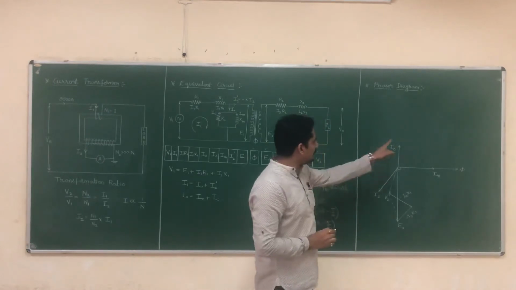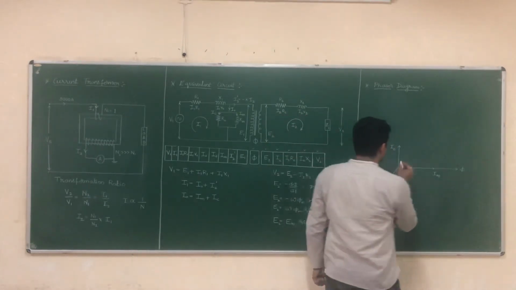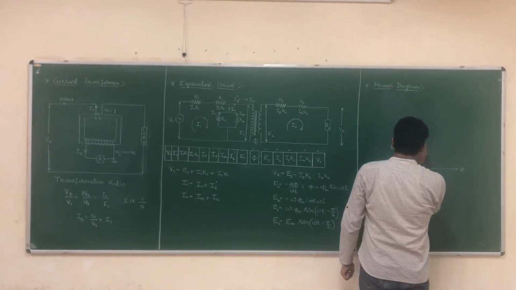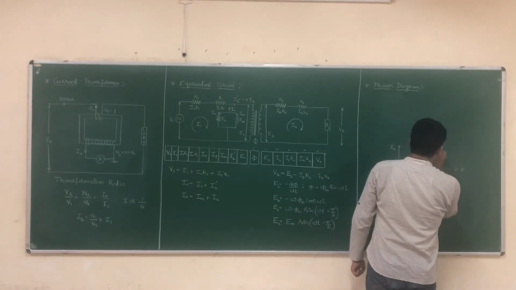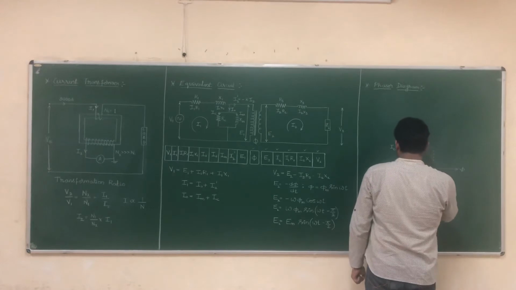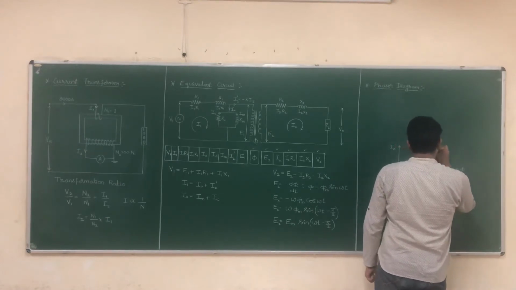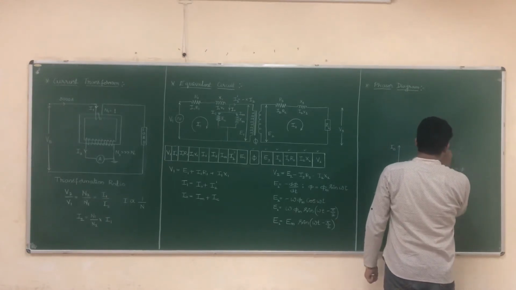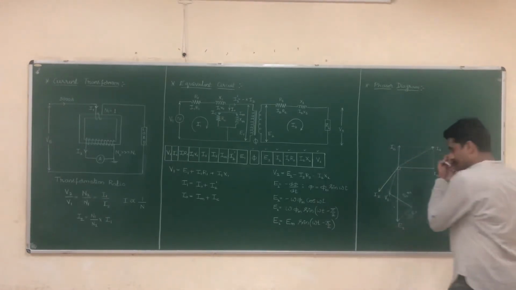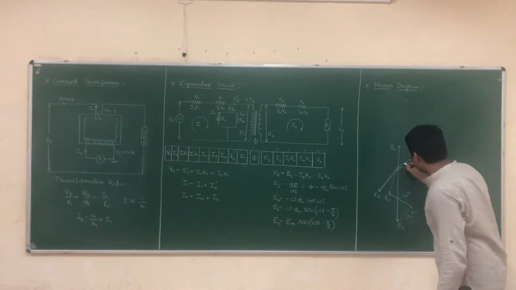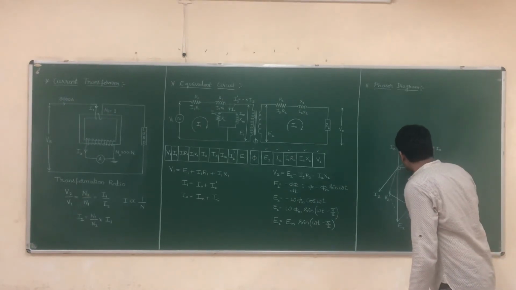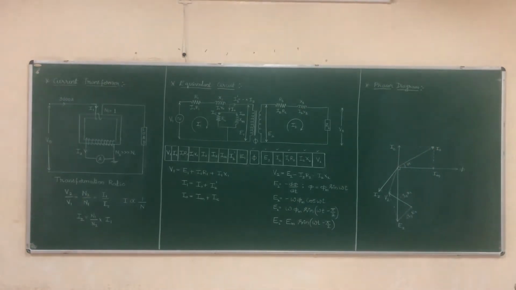And if I take the resultant of these two, I will be getting I0. This is my I0, and this angle is alpha. Okay, so this is I0.